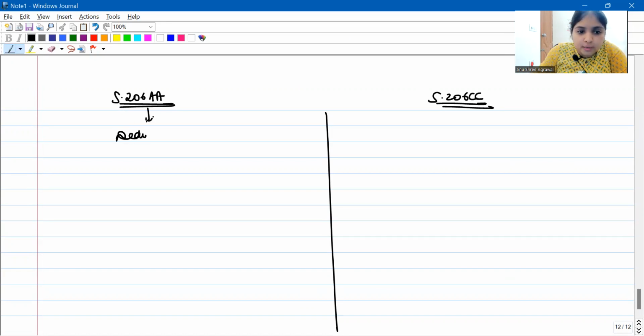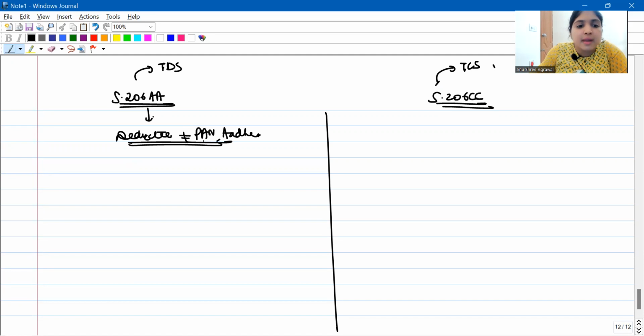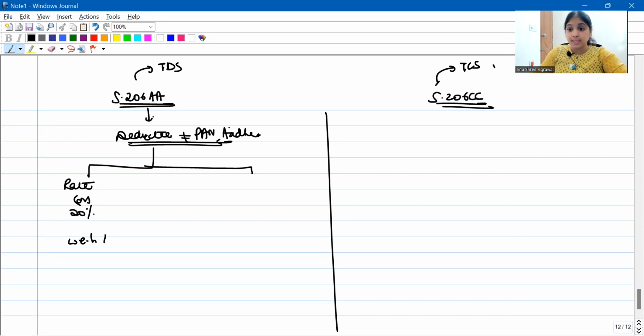206AA is applicable to TDS, and 206CC is applicable to TCS. 206AA applies if the deductee is neither giving his PAN nor is he giving his Aadhaar. In that case, 206AA says the TDS rate, whichever section you're calculating, will become the applicable rate or 20%, whichever is higher.